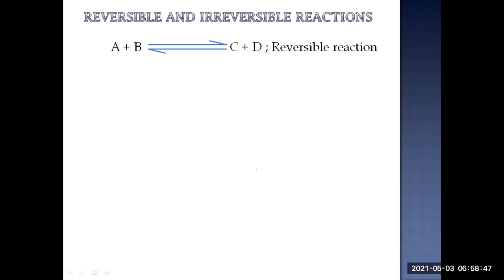So there are two reactions simultaneously happening. Which are the two reactions? Reactants A and B reacting to give product C and D. That is one direction reaction. Another, product C and D reacting to give back the reactants A and B. So here, A and B reacting to give C and D is generally called forward reaction. And the C and D product is reacting to give back A and B are the backward reaction.